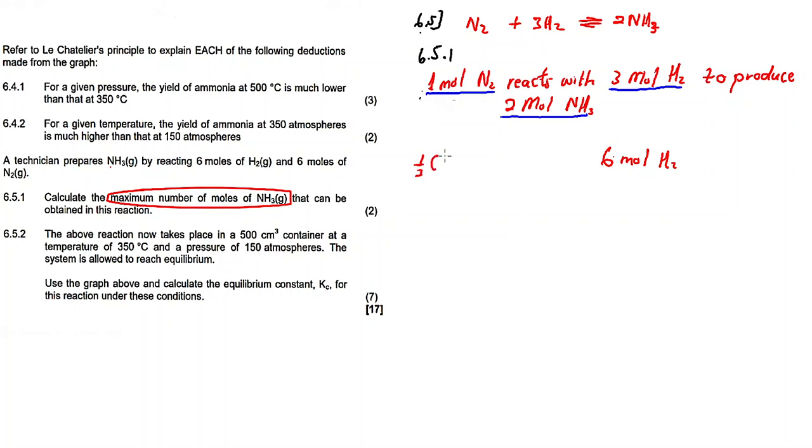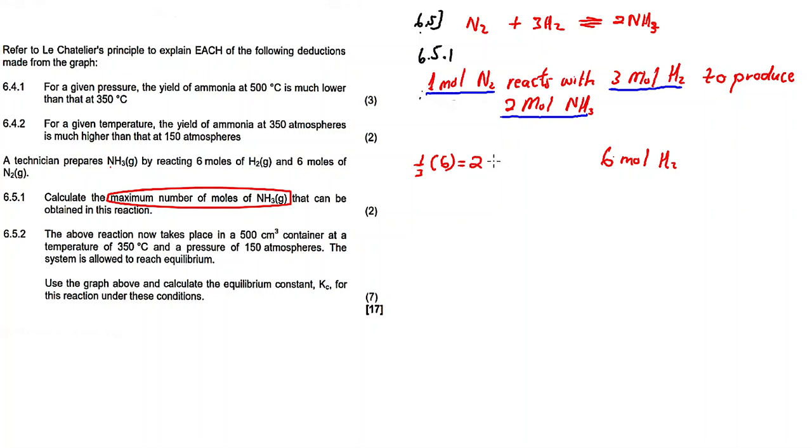1/3 of 6, right? And then 1/3 of 6, why do I say 1/3? Because since I'm using everything available here in hydrogen, the 3 divided by 3 gives me 6 because of the 6 moles here. So on this side I also divide by 3 again. 1/3, 1 divided by 3 is 1/3. 1/3 times 6 gives me 2.